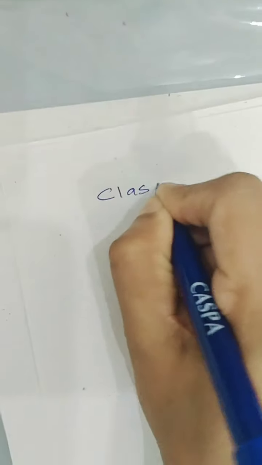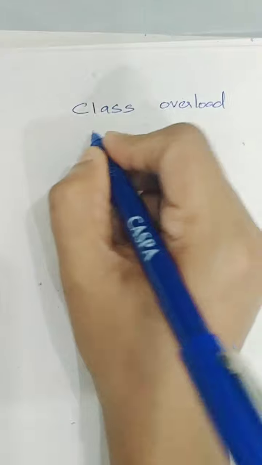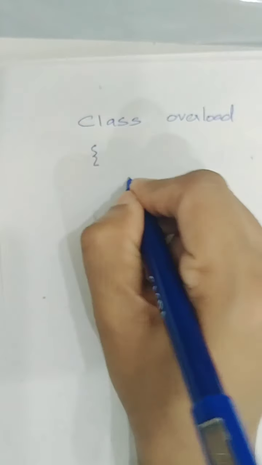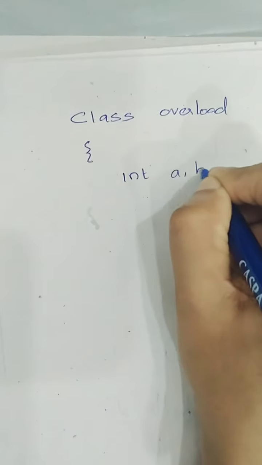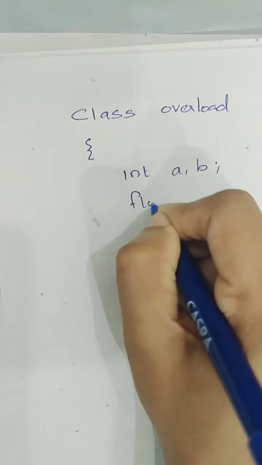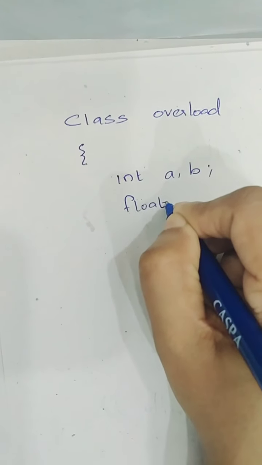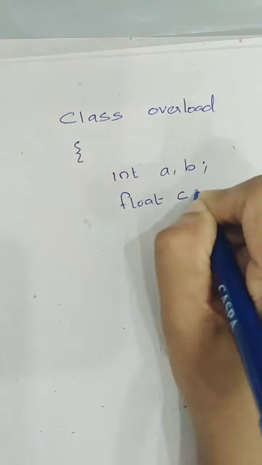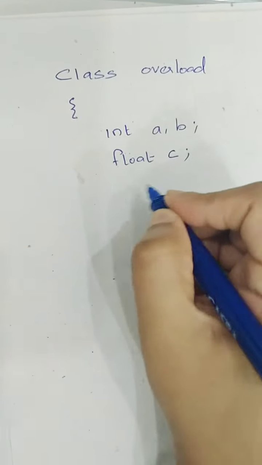Here I am writing class overload. My class name is overload. See, you can see the changes. Here I am declaring int a comma b, float c. Okay.